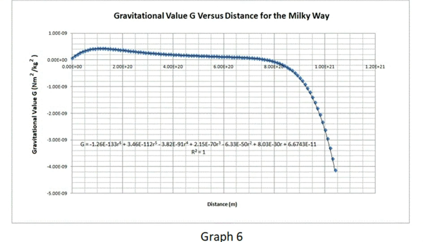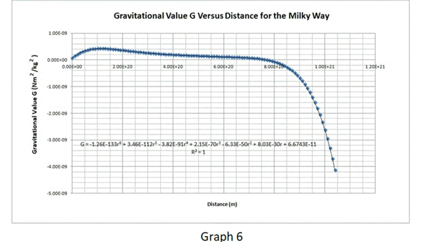I would like to draw your attention to table 2 again, the last table that I just finished showing you. If we plot a graph of the calculated g values versus distance for equation 16, we obtain this graph 6.